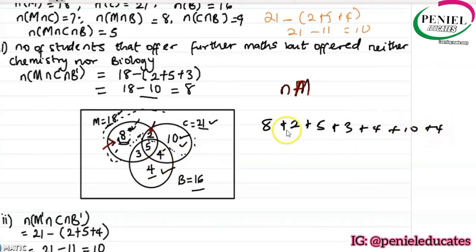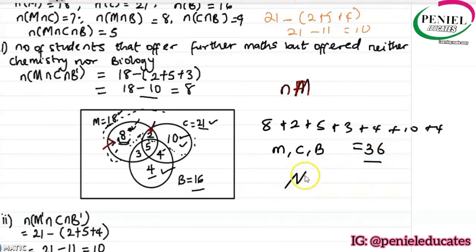If you do this, it is 10, 15, 18, 22, 32, that's 36. So we have students offering mathematics, chemistry, biology. We have all of them 36, offering all the subjects. They are 36 in number.